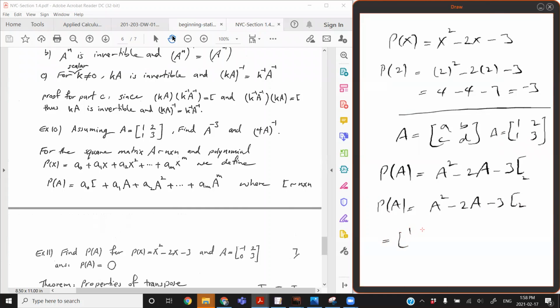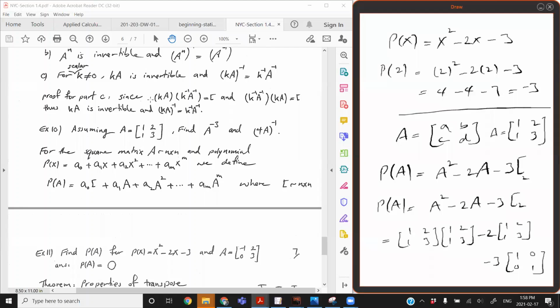So it's going to be [1, 2; 1, 3] times itself, [1, 2; 1, 3], minus 2 times [1, 2; 1, 3], and then minus 3 times [1, 0; 0, 1]. Make sense?